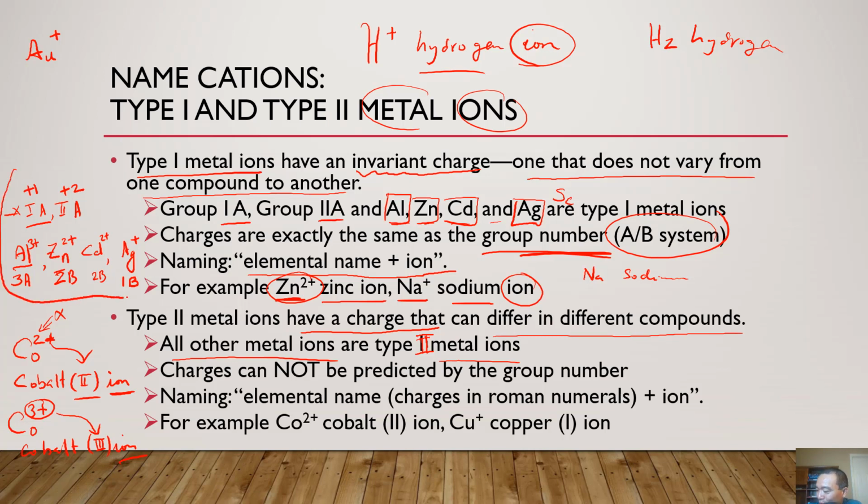If it's type 1, it must be group 1A, 2A, and the other 4 or 5 elements. Apparently, this is not one of them. So this means that's actually type 2. Do not look at the charge to determine if it's type 1 or type 2. So this is type 2 because it's not a 1A, 2A, or the other 4 or 5 elements. So this is actually gold 1 ion.